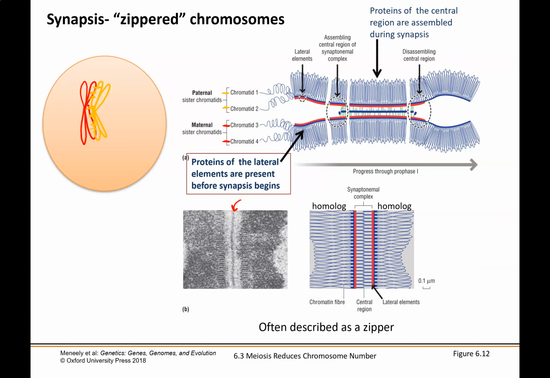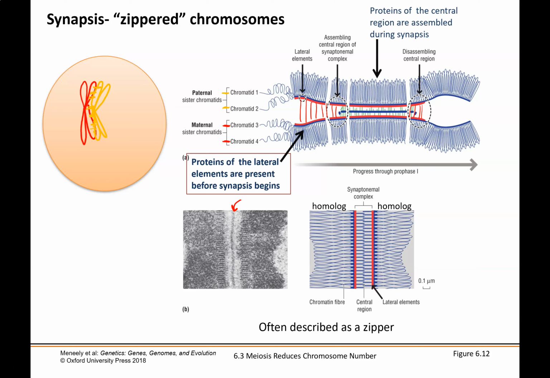So we have this complex, our book calls the synaptonemal complex, and it's just a group of proteins that are going to allow for the synapsis to occur between these proteins. Now, synapsis has to occur before crossing over can occur.